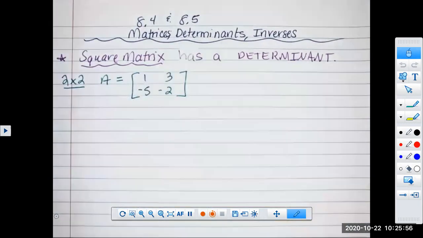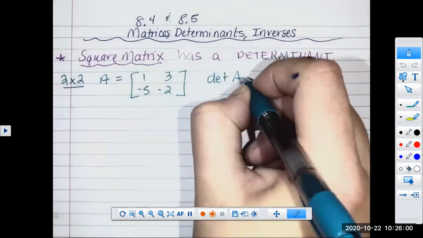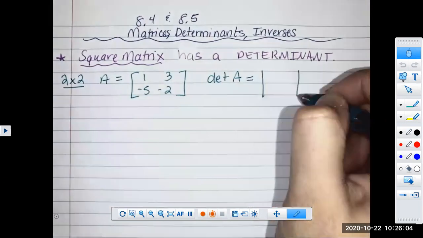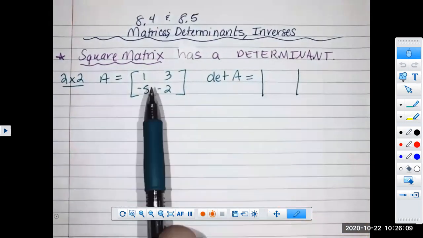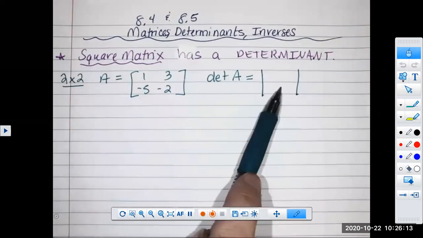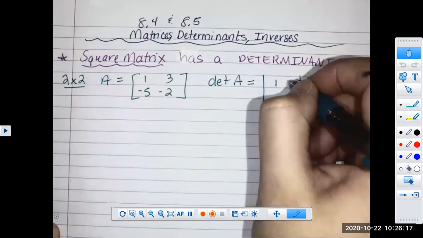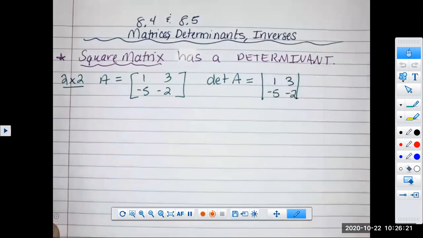The notation for determinant, you're going to see DET A, or you may just see vertical bars. So if you see vertical bars around elements and not brackets, this indicates that you are to find the determinant. All right, does anybody remember how you do that for a 2x2?